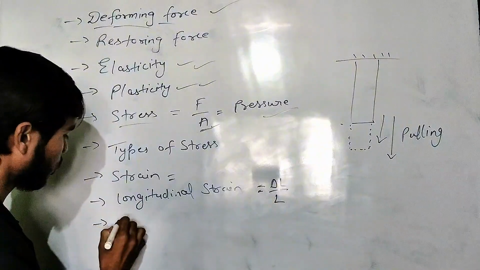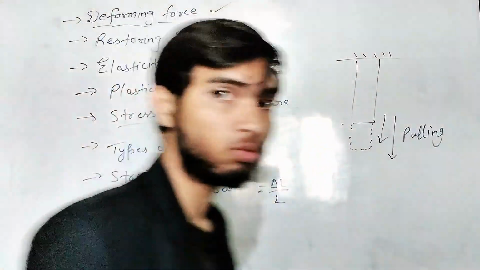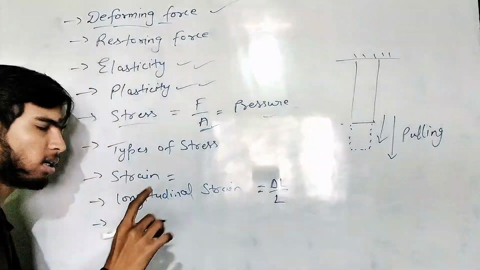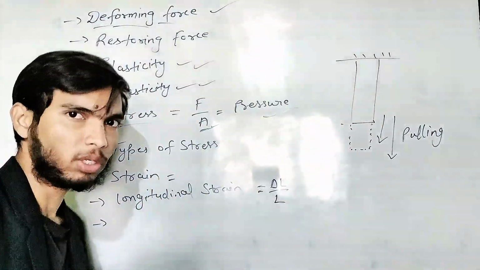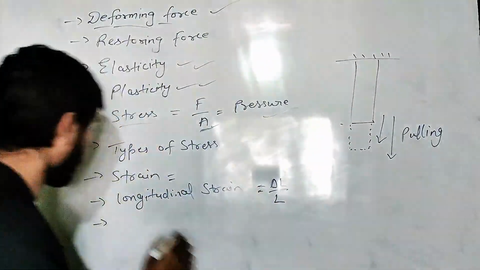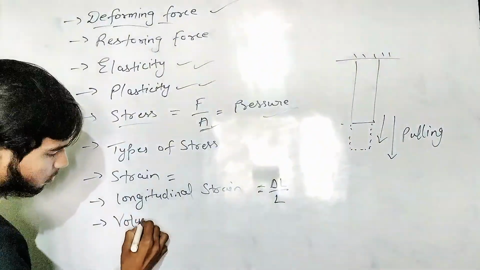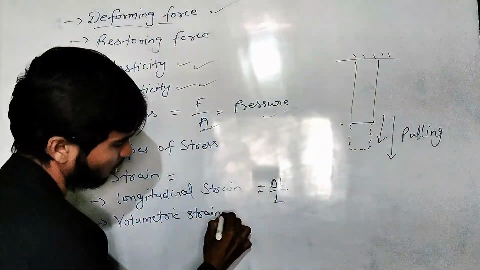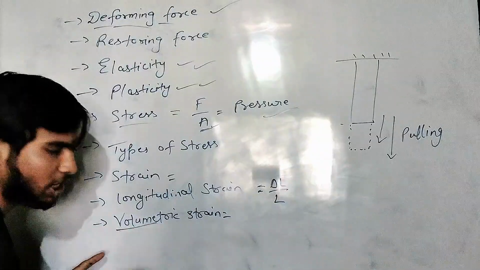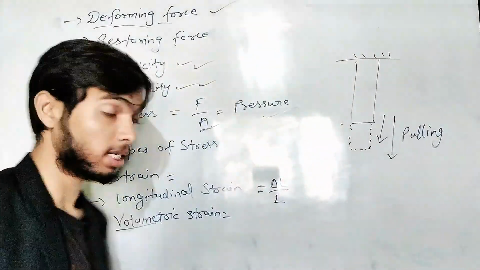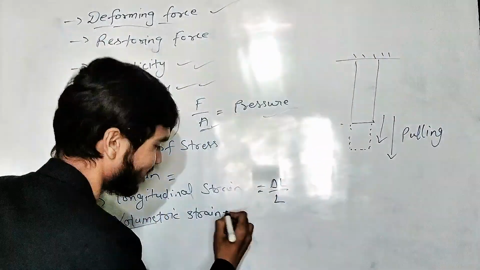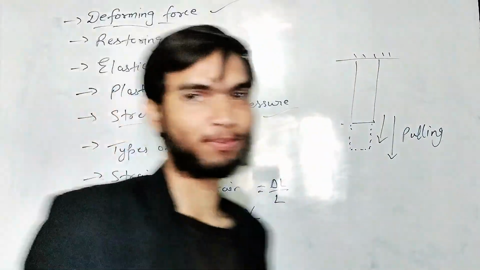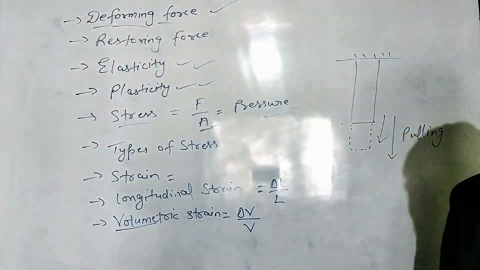Related to area, we don't have it in this particular chapter. Now volumetric strain. Since it is related to volume, here you will say change in volume upon original volume of the body.